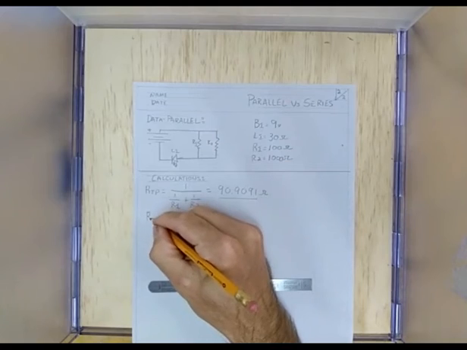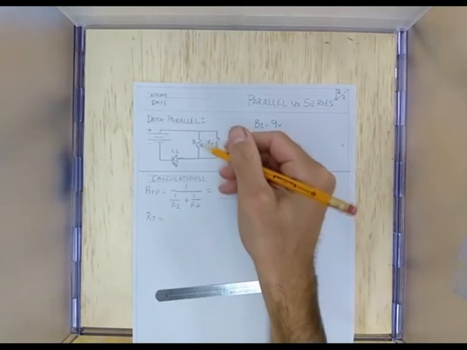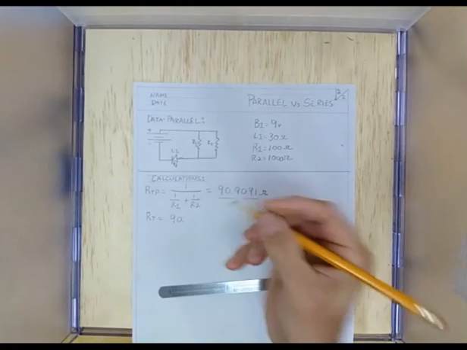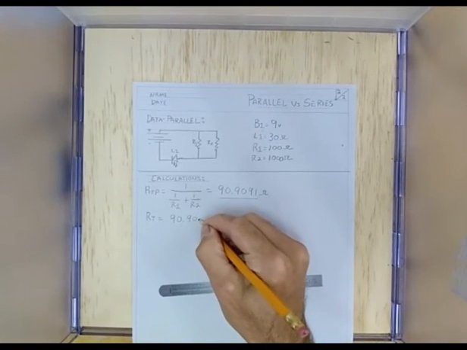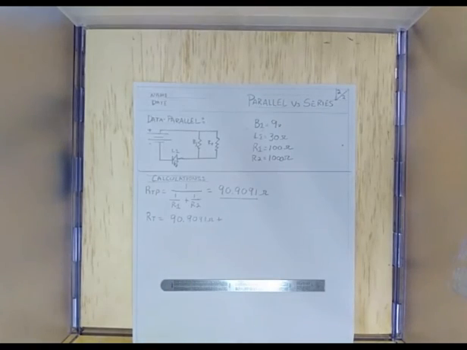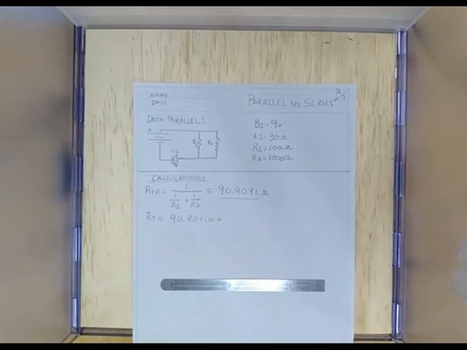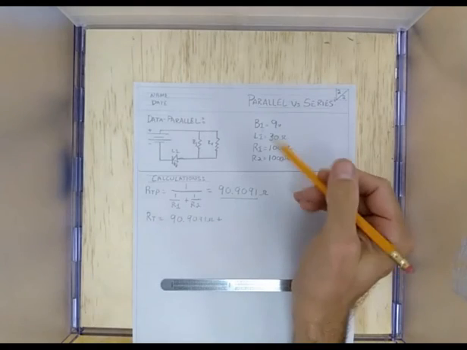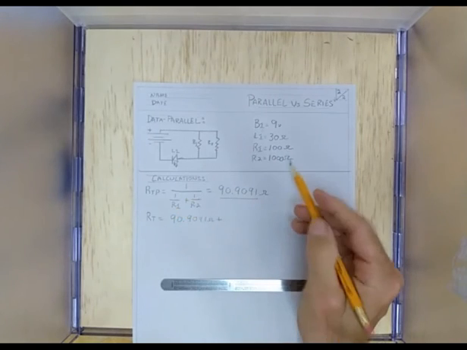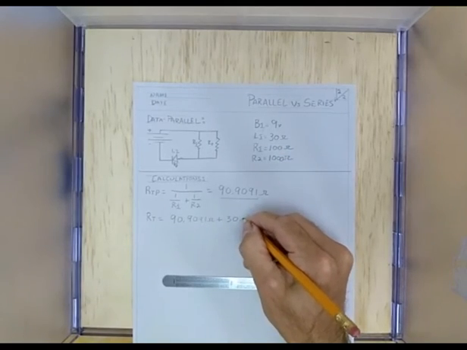Now our RT, which is our R total of the entire system, is going to be this parallel circuit, which is 90.9091 ohms plus, so now we went back to this same thing where we have R1 plus R2 plus L1. So we have our R parallel, or RTP, plus our L1, which is 30 ohms.